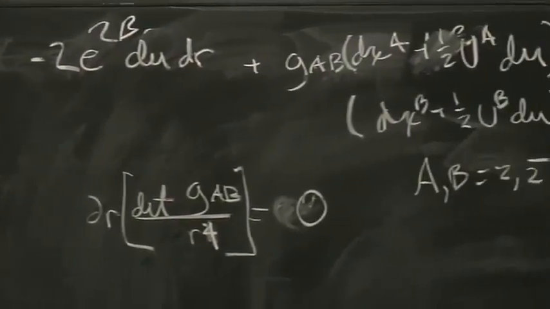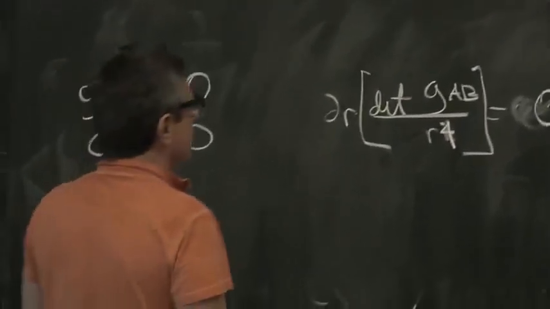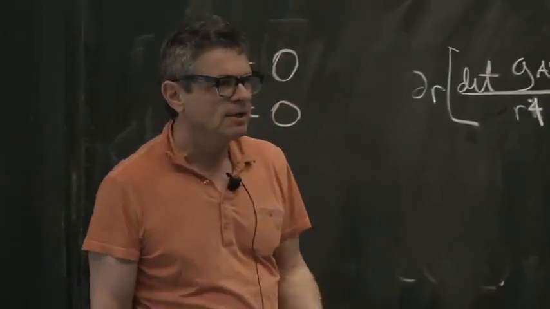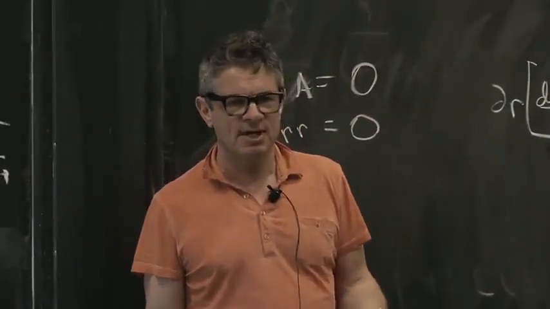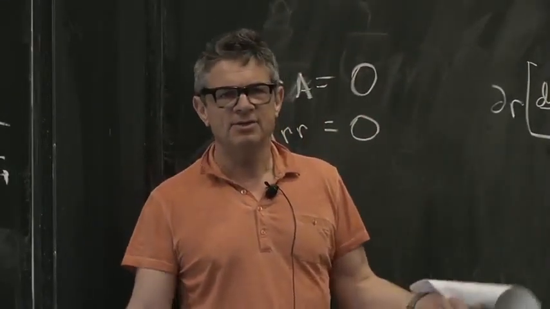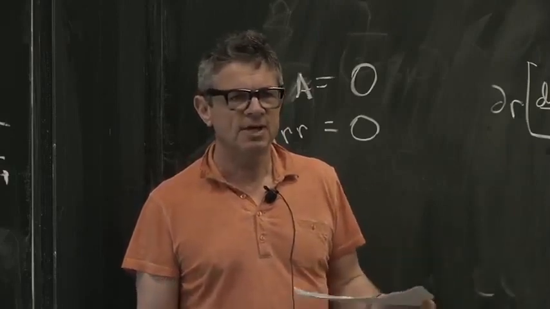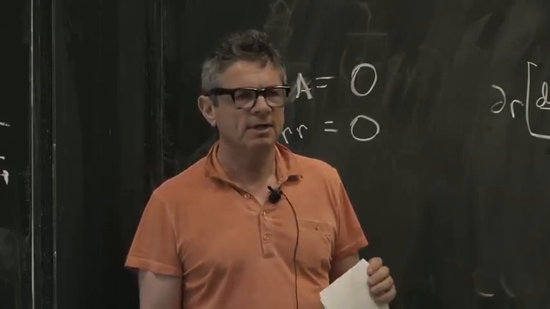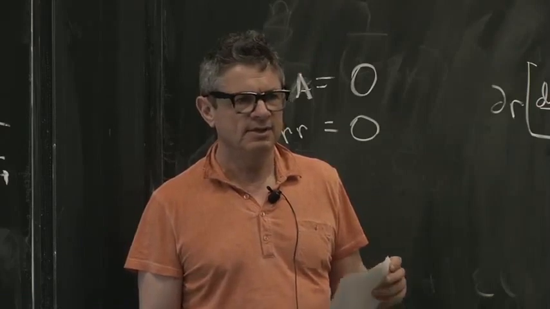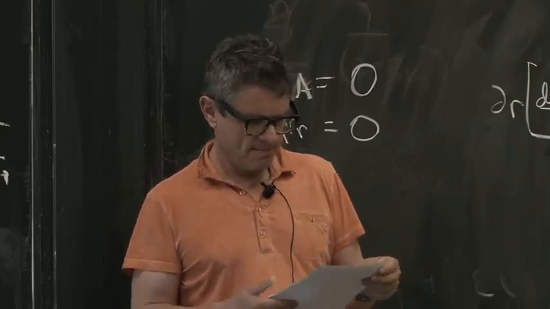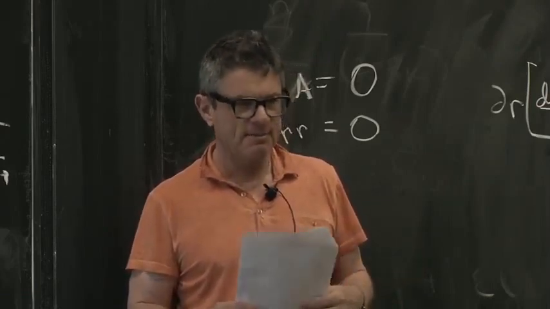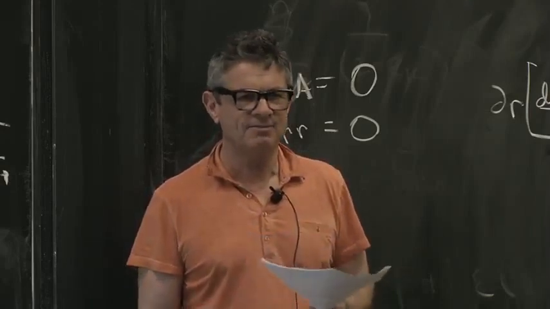All right. So so far, I haven't imposed any conditions on the geometry. Locally, any Lorentzian geometry can be written in this form. But now I want to talk about geometries which are asymptotically flat.